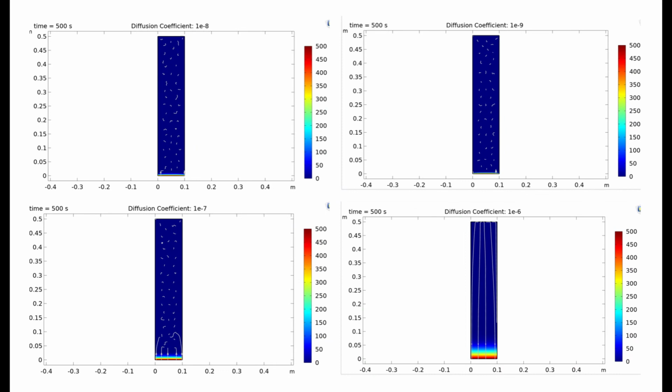Now we can compare the differences in concentration gradient as the diffusion coefficient changes. This picture shows the concentration gradients for each diffusion coefficient at the same time of 500 seconds.